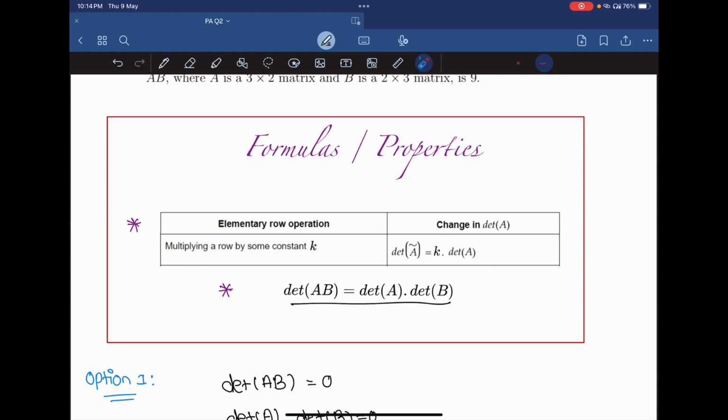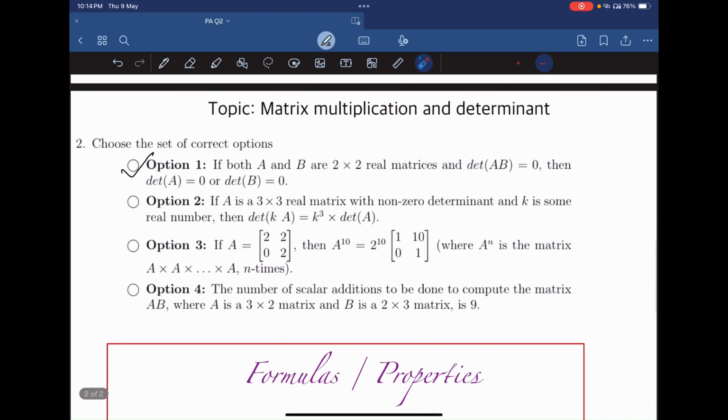But notice here, we are multiplying only one row. And as we are only multiplying one row, the K here is coming only once. But in the option, this K would get multiplied to each and every element of the matrix A.